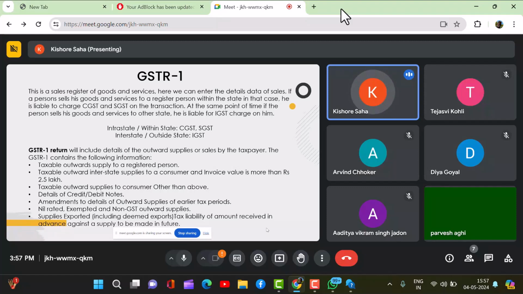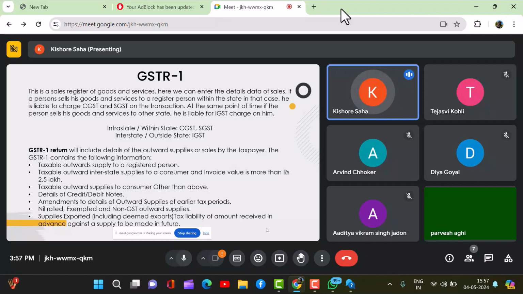If the person sells goods and services to another state, he is liable for IGST. So for intra-state, or within the state, CGST and SGST are applicable, but for interstate, or outside the state, IGST is applicable. The GSTR1 return will include details of the outward supplies or sales by the taxpayer.